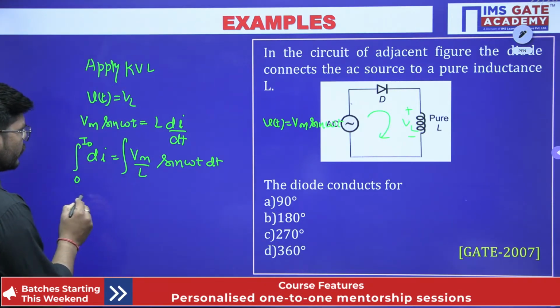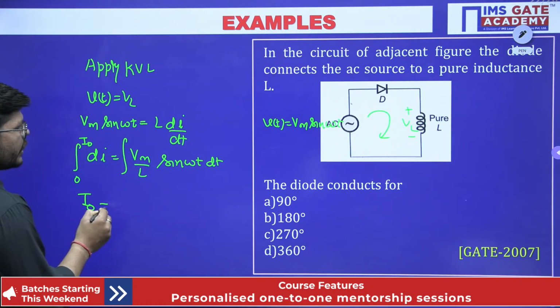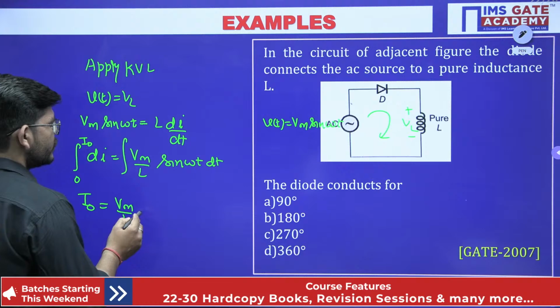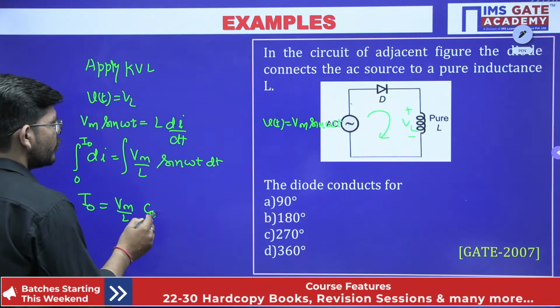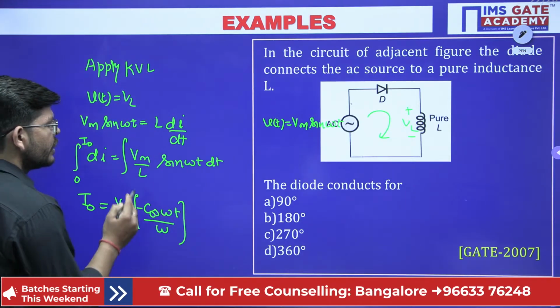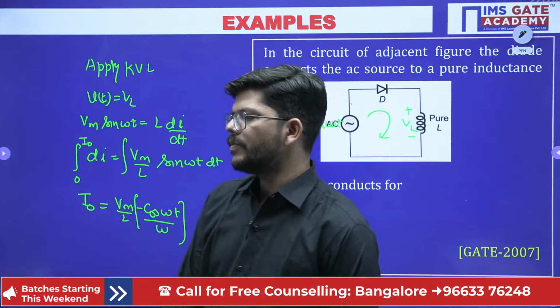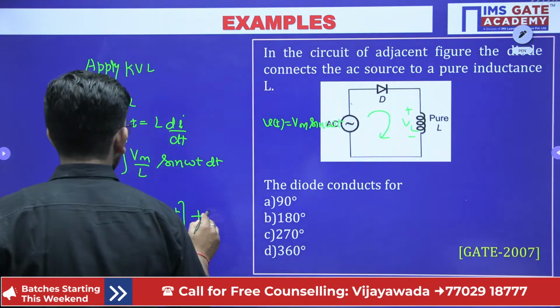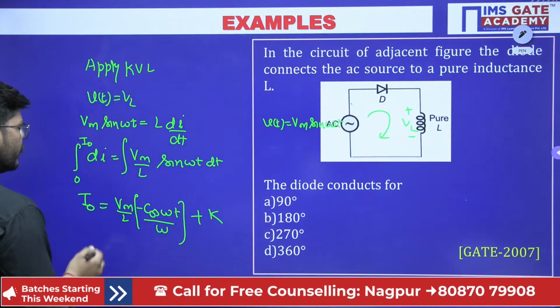If I integrate it, I am going to get I naught here, and this will be Vm by L sin omega t. The integral will give me minus cos omega t upon omega, plus a constant k. This is the way we solve the integral.